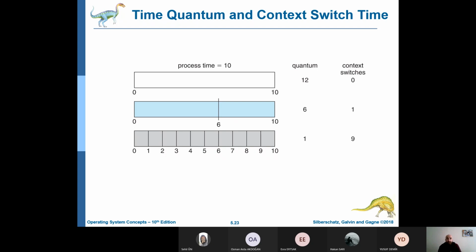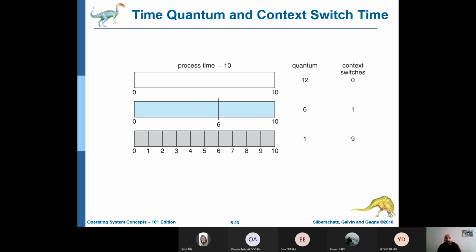If the time quantum is extremely small, let's say 1 millisecond again, the round-robin approach can result in a large number of context switches. Assume, for example, that we have only one process of 10 time units. If the quantum is 12 time units, the process finishes in less than one time quantum with no overhead.